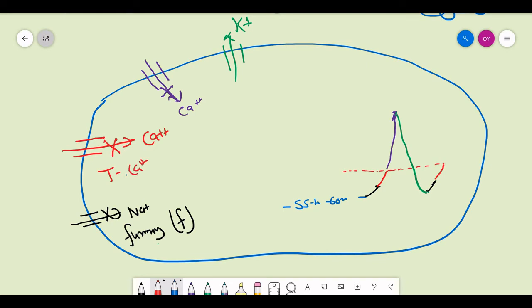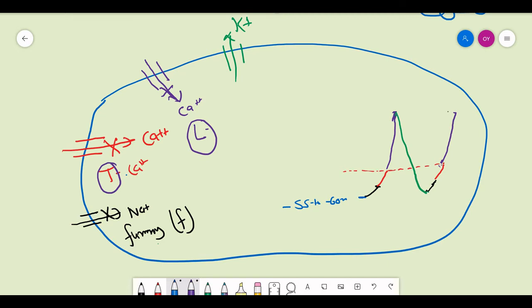So this red channel is the T-type calcium channel, and as it reaches the threshold, another calcium channel opens, which is long lasting and slow, so it is called the L-type calcium channel. Before the threshold, the T-type calcium channel opens, and at the threshold, the L-type calcium channel opens.